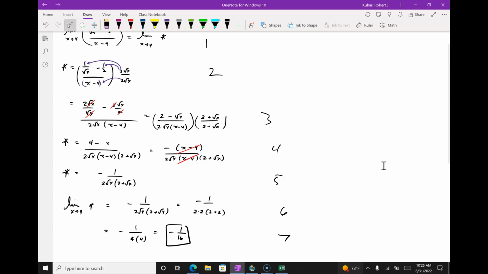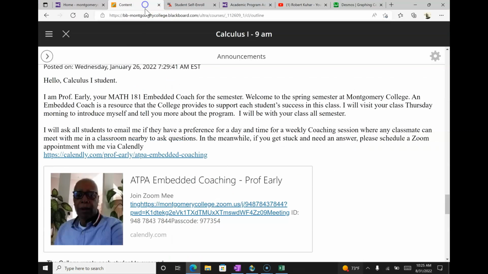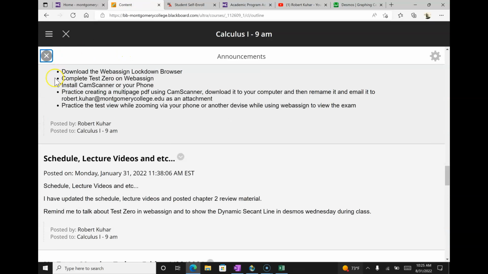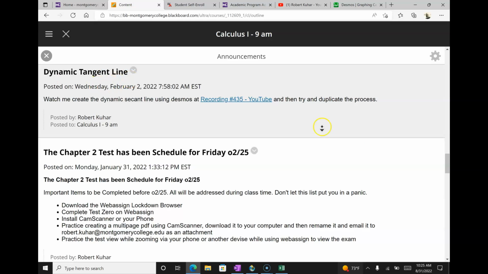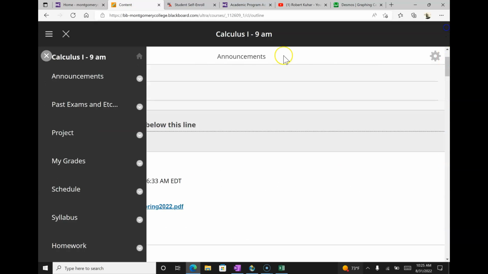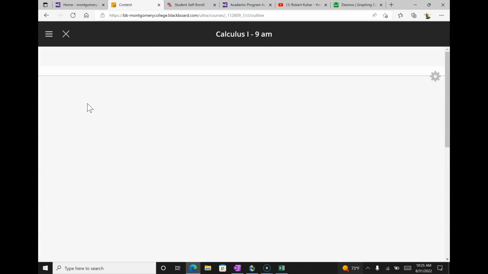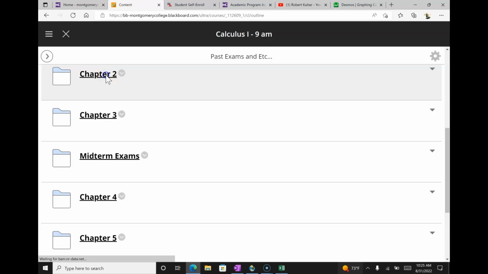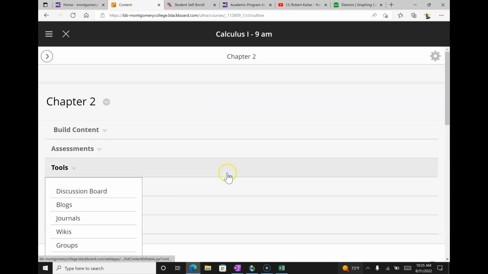How we doing? We okay? So if you don't have a textbook, you can do all these problems over. You can also look in our class in the chapter 2 folder, past exams and etc. In the chapter 2 folder, there's some quizzes there.